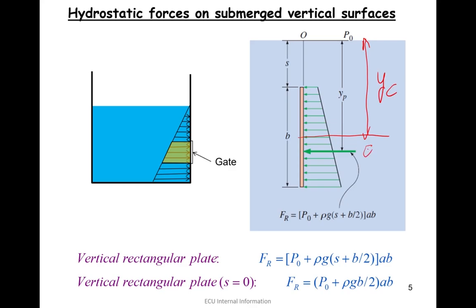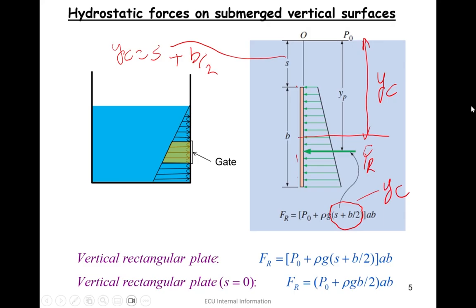So YP shows the center of pressure, whereas YC shows the centroid of the surface. To work out YC, as you can see here, YC is S, which is this distance, plus half of this distance, which is B over 2. So this is YC.